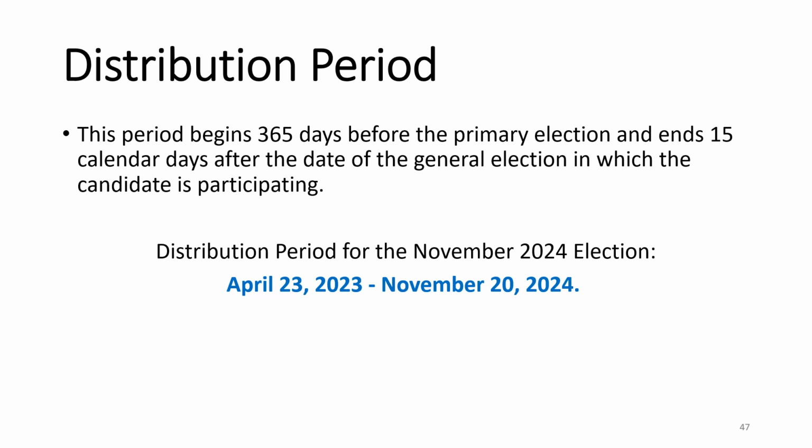Once again, the distribution period begins 365 days before the primary election and ends 15 days from the date of the general election in which the candidate is participating. The distribution period for the November 2024 election is from April 23, 2023 through November 20, 2024.